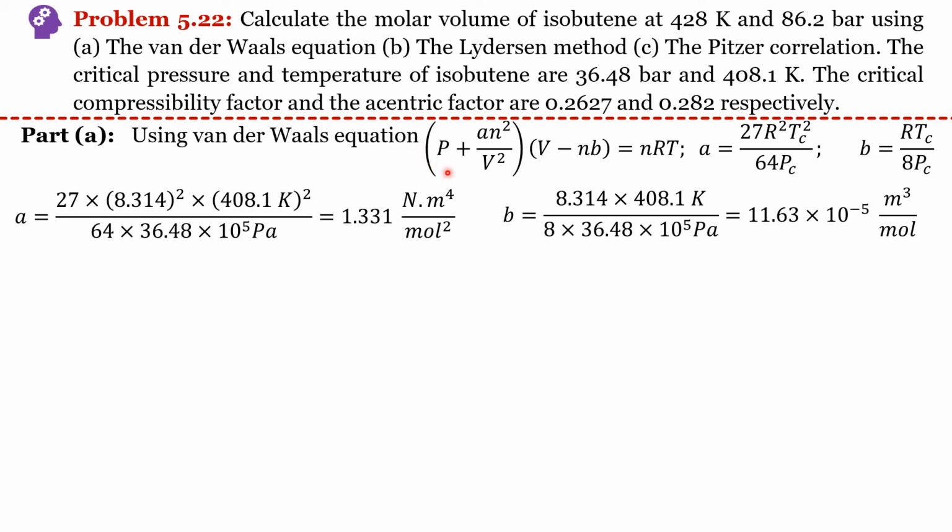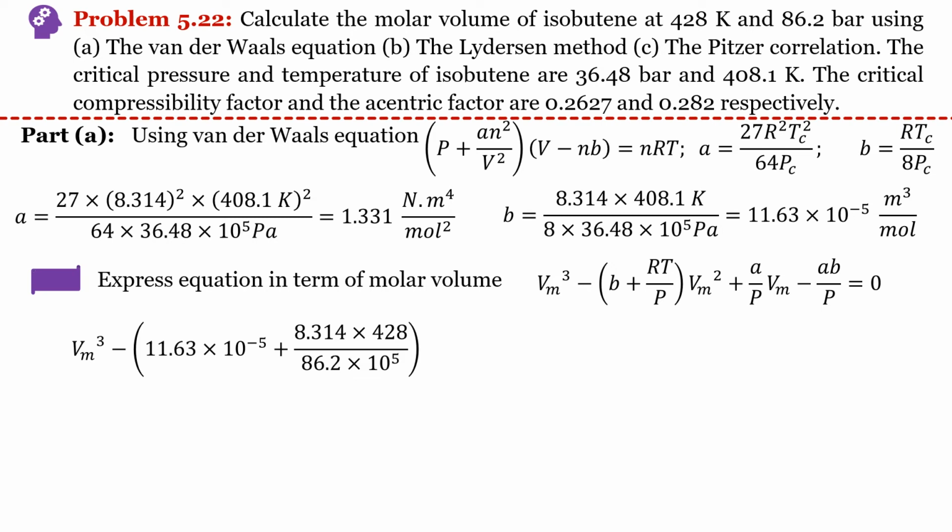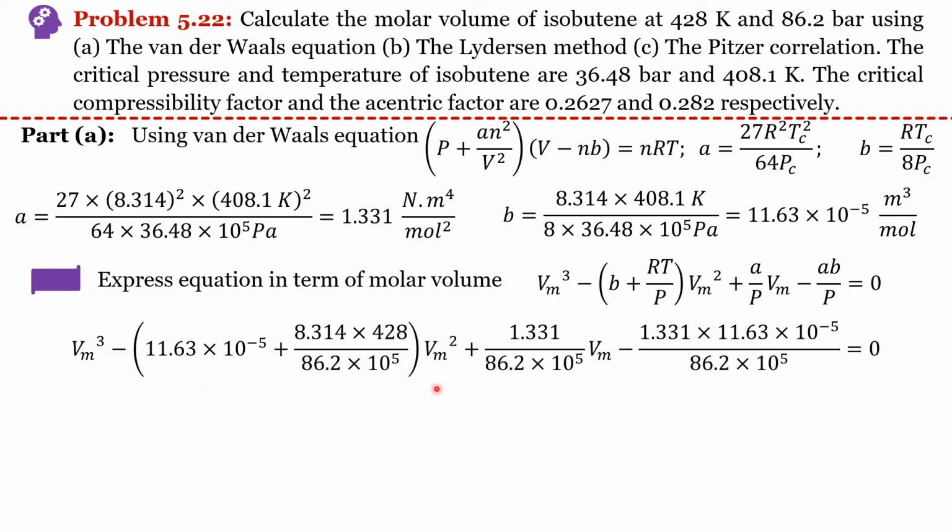Now we can express this equation in terms of molar volume. After expressing this equation in terms of molar volume, we can substitute the values of known parameters. After substituting all parameters, we can simplify this equation.